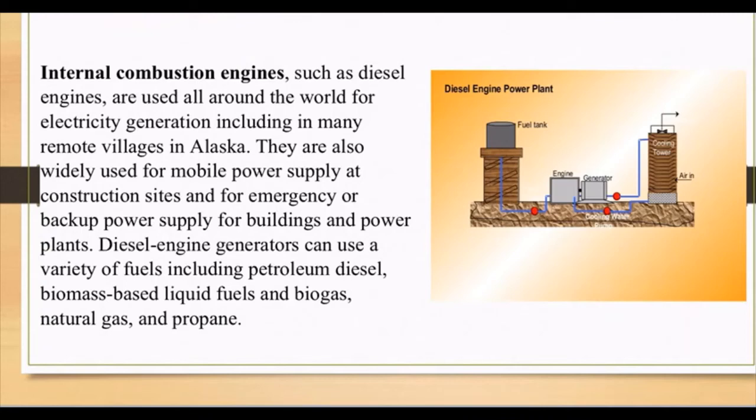As we see on the top right, the diesel engine power plant has a fuel tank which sends fuel directly to the engine and generator, and there is a turbine blade that connects to the cooling tower, which has air in. They are also widely used for mobile power supply at construction sites, for emergencies, or as backup power supply for buildings and power plants.